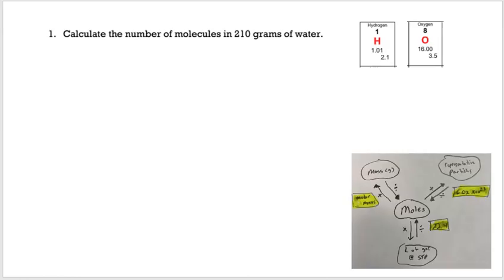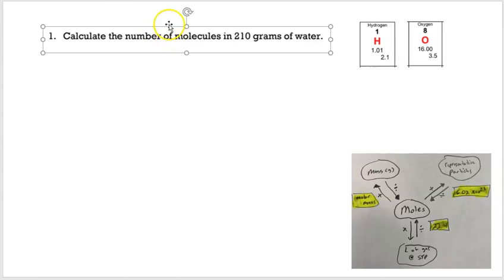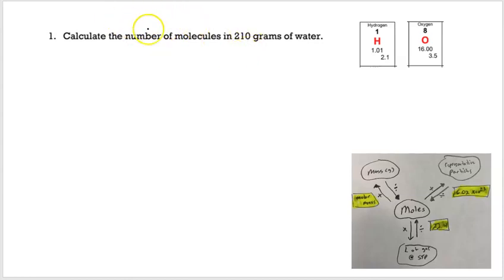All right, so number one, it says to calculate the number of molecules in 210 grams of water. Now, water, as we know, has a formula of H2O. There are a couple things we need to do here. Notice that I posted this little graphic organizer.